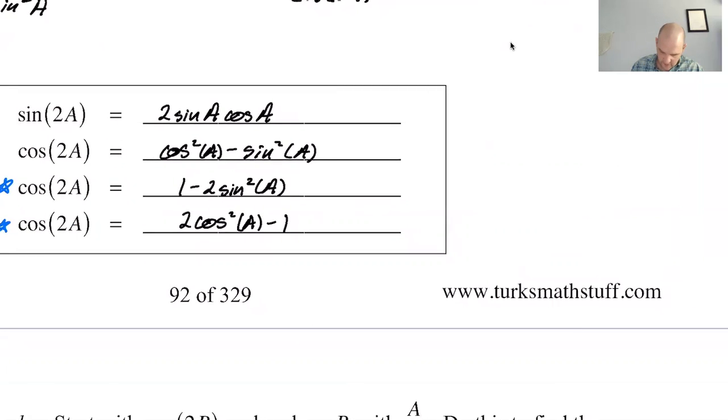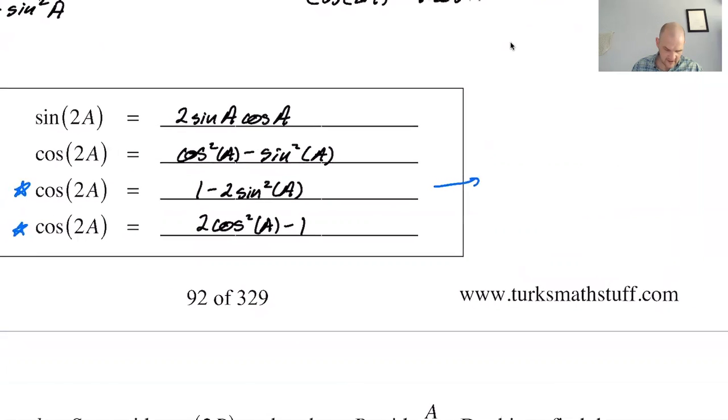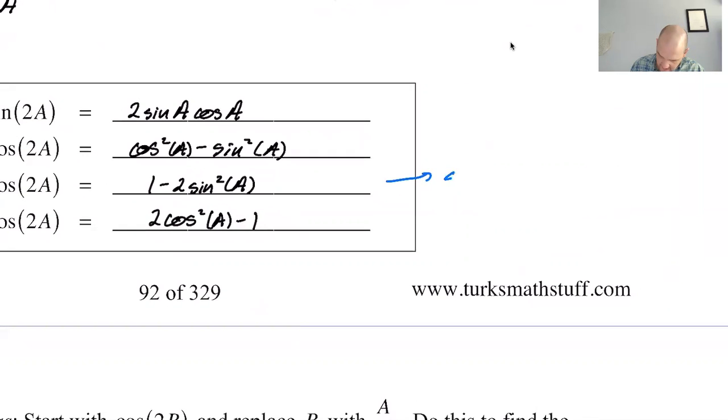For example, because cosine of 2a equals 1 minus 2 sine squared of a, you can work out that sine squared of a is equal to 1 minus cosine of 2a, over 2. That's what I'm doing.